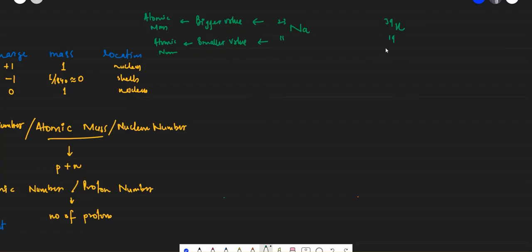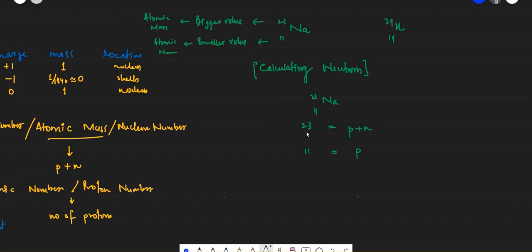So how can we calculate the number of neutrons? Let's take the example of sodium. 23 is protons plus neutrons, and 11 is protons. So how do we calculate neutrons?